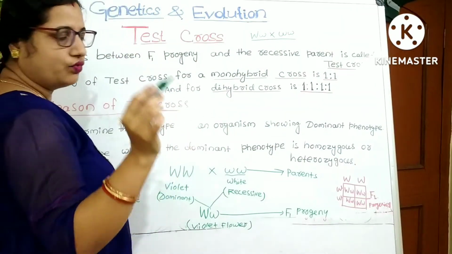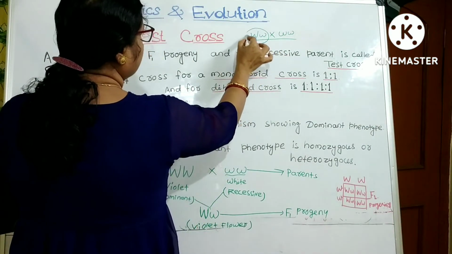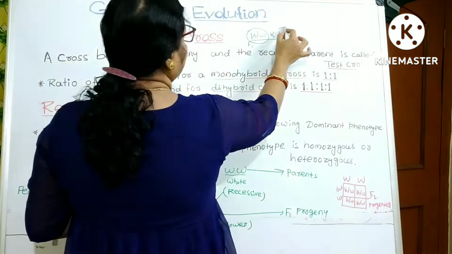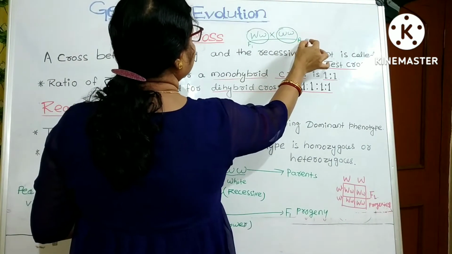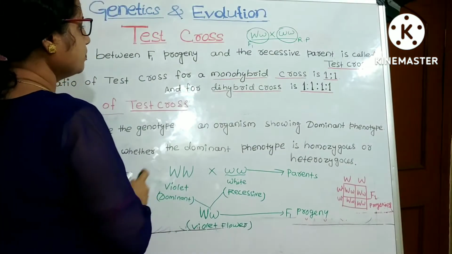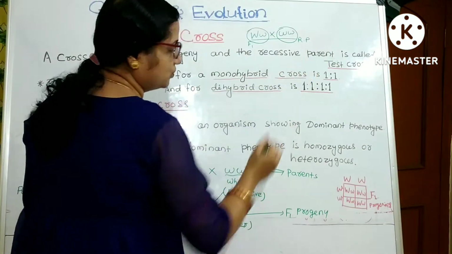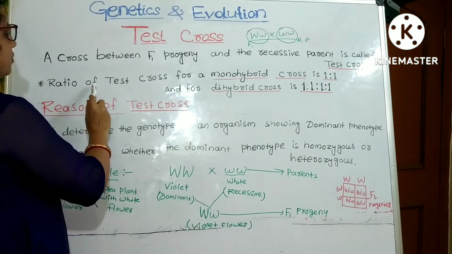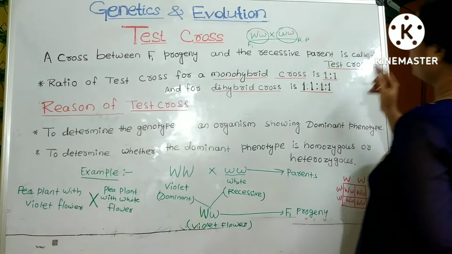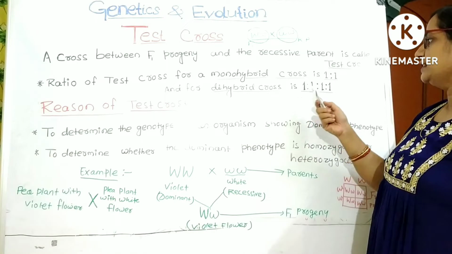When we cross the F1 progeny, the violet which is in a heterozygous form, with the recessive parent, it is known as test cross. In case of a monohybrid cross, the ratio of test cross is 1:1.